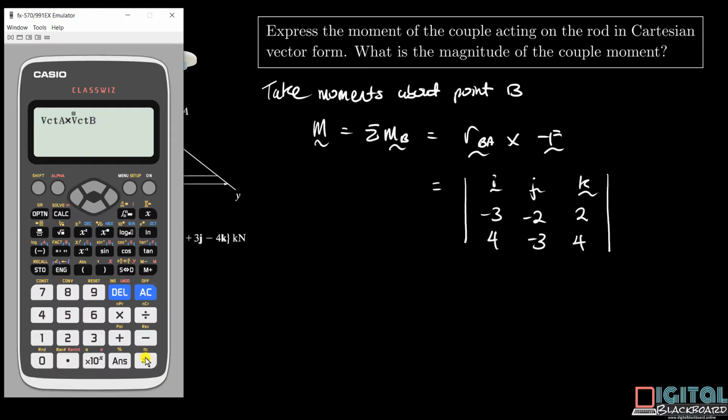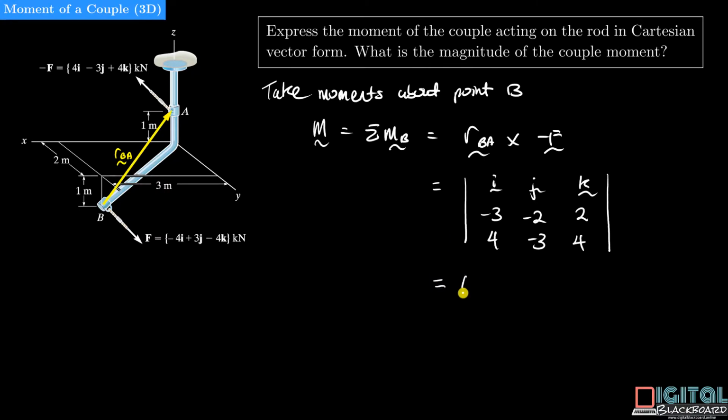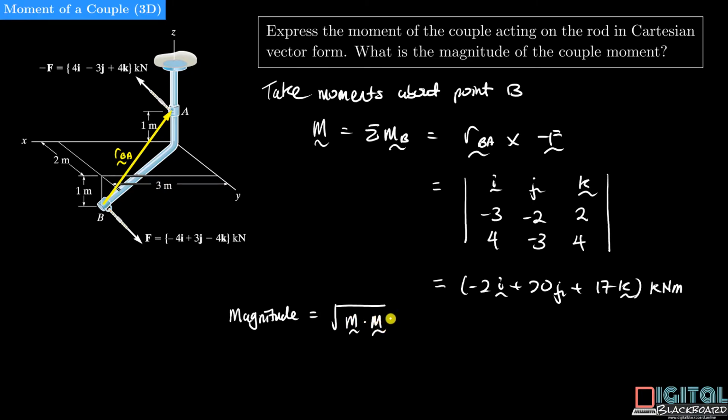That will give us minus 2, 20, 17 as the cross product, equal to minus 2i plus 20j plus 17k kilo Newton meter. To compute the magnitude of this couple moment, we make use of a property from the study of vector analysis: the square root of the couple moment dotted with itself.